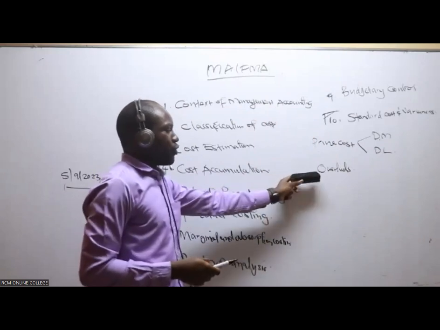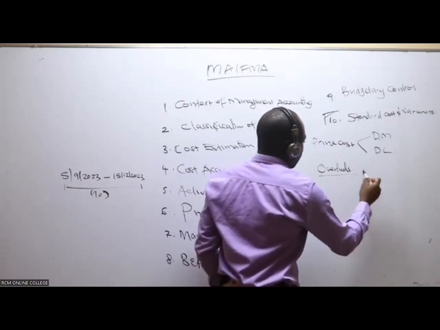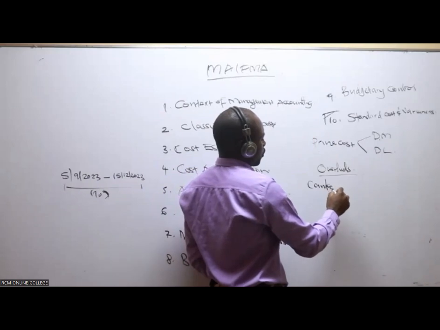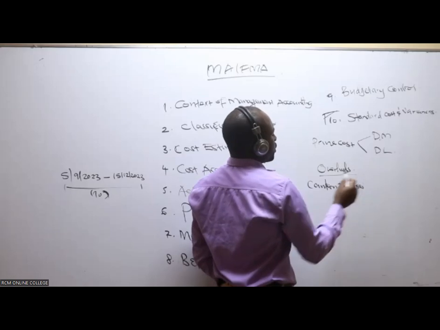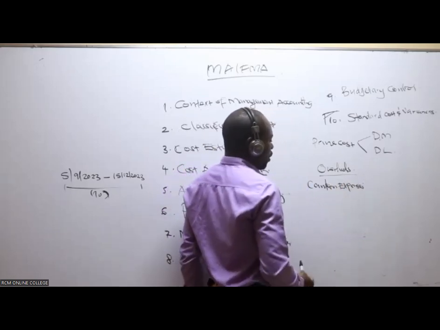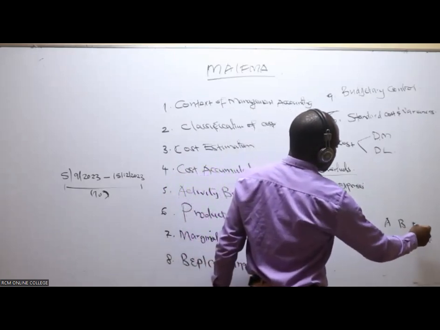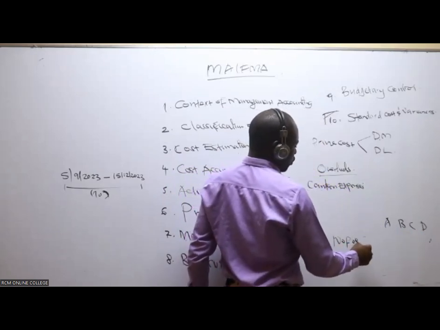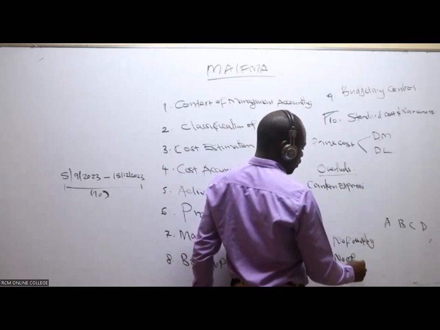So for these overheads, we are going to have what we call allocation basis. For example, one of the overheads happens to be canteen expenses. Then the allocation basis here: you have departments A, B, C, D. Then we have number of employees, and number of requisitions.